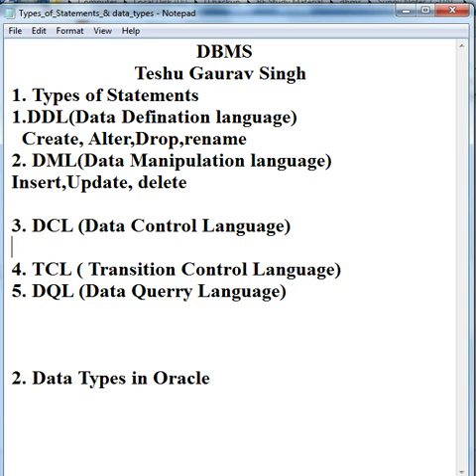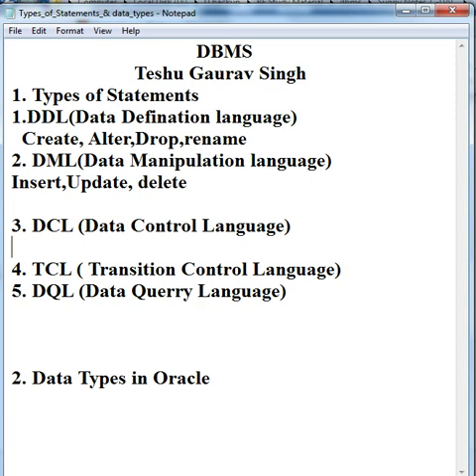For example, in a railway reservation system, IRCTC must give some kind of permission so that specific users can access particular tables.